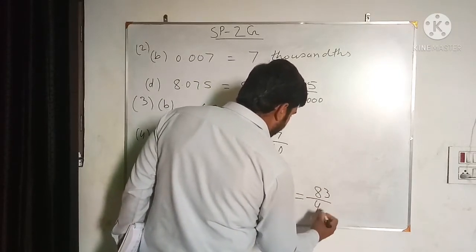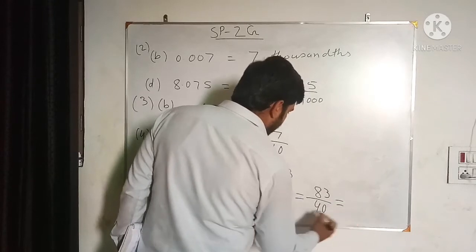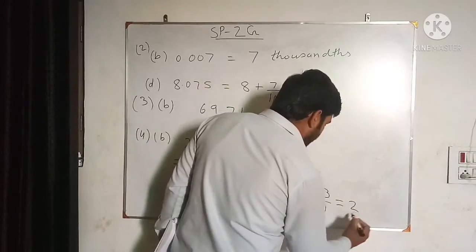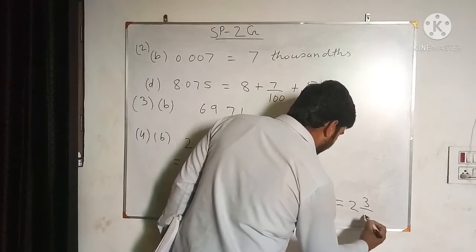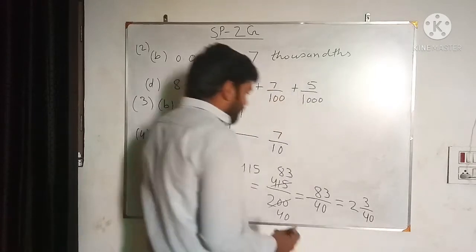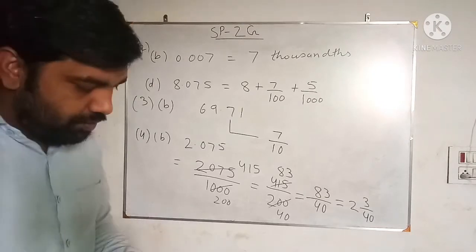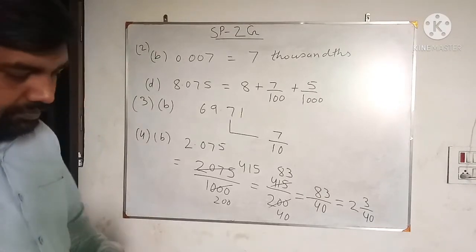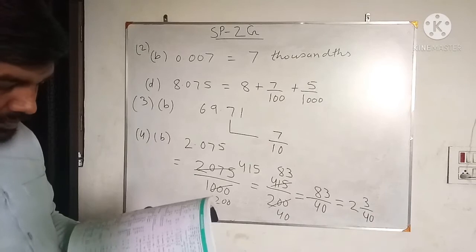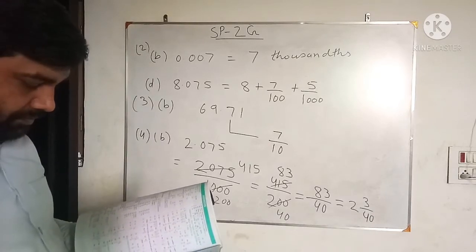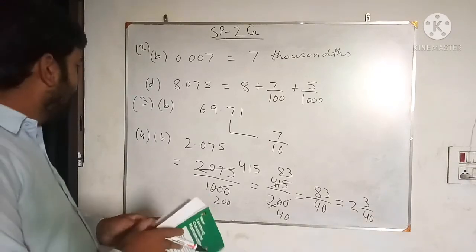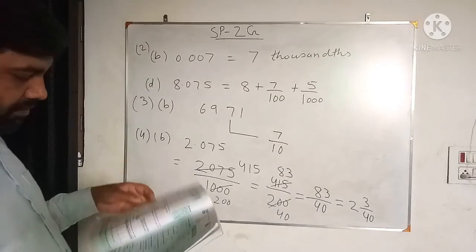So what you got? 3 by 40. Like this in the simplest fraction form we can write. Yes, 3 by 40, correct? Okay? Like this we have to do.